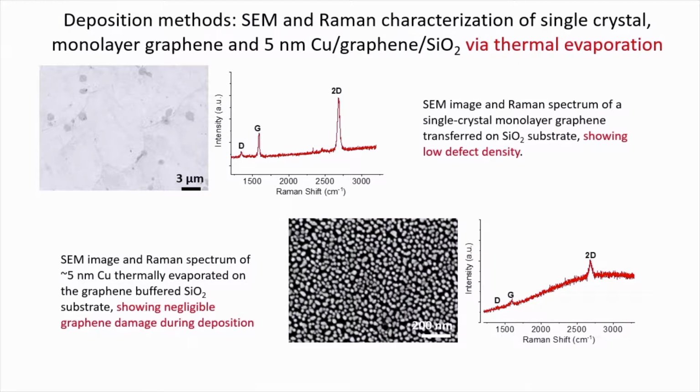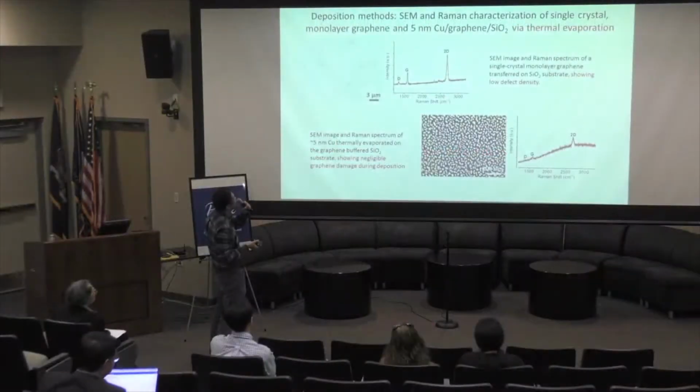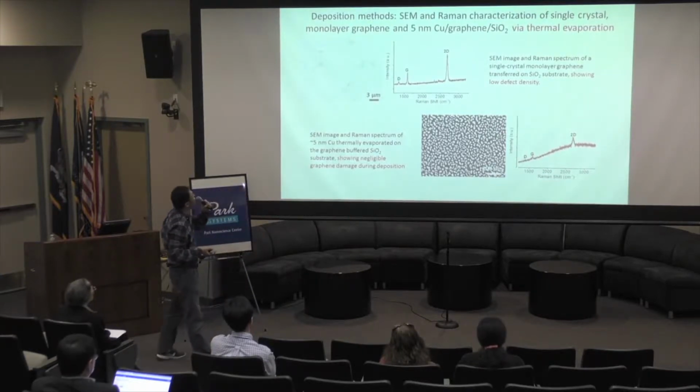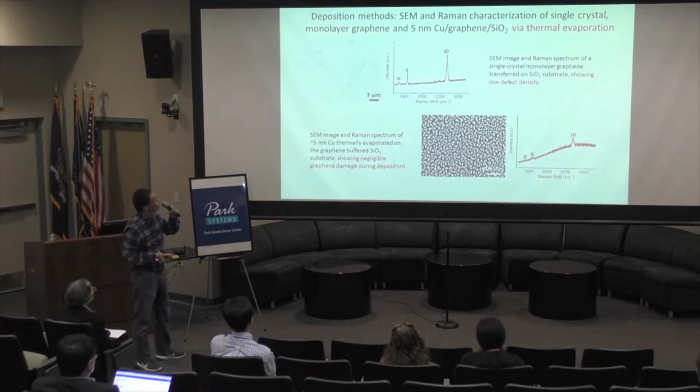In this slide, I show we first use thermal evaporation to deposit the copper on the graphene buffer on the silicon oxide wafer. This silicon oxide is basically an amorphous glass wafer. On the top, two images show the SEM image of monolayer graphene transferred to silicon oxide.